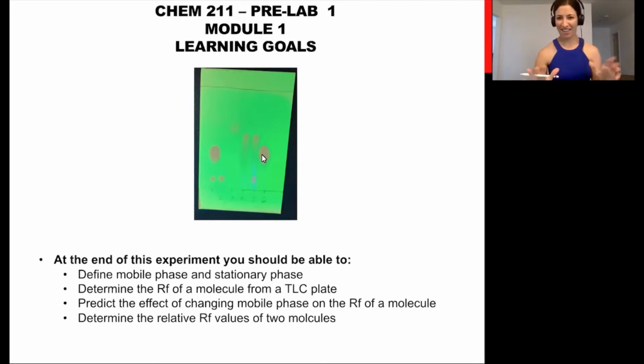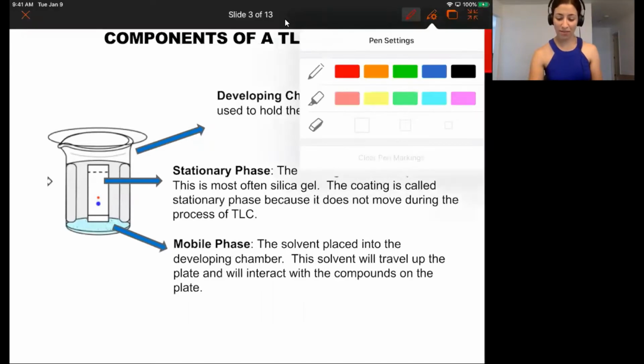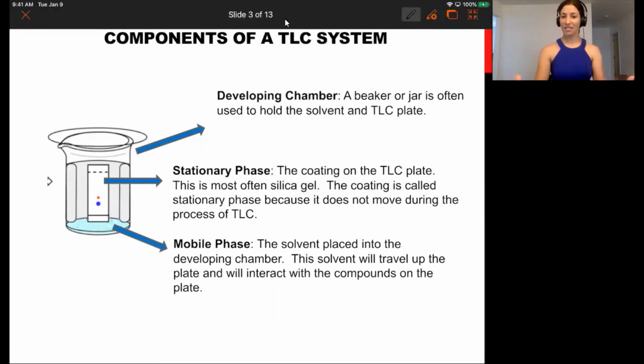So it might sound like a lot of new information up front, but by the end of our discussion, you should have a good idea of how to think through these concepts. So let's start by taking a look at the components of a TLC system.